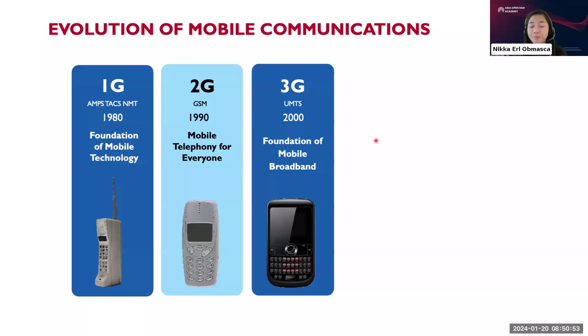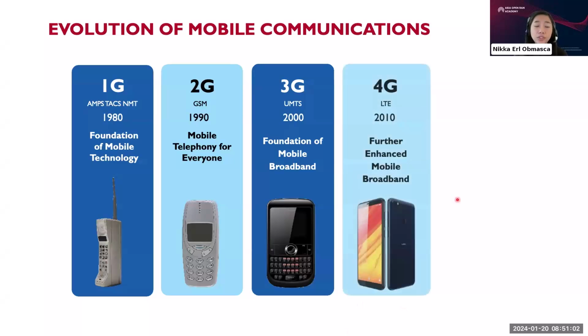But there was a growing demand for communication as years passed by. So it led to the innovation of the fourth generation of mobile communication, which was introduced back in 2010. It brought even faster data speeds, better network capacity, and more reliable coverage.